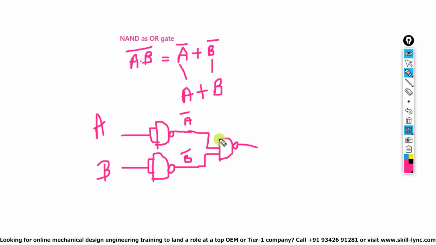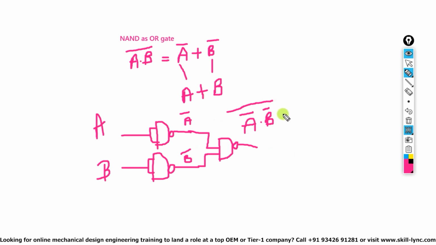NAND gate of these two is A bar into B bar, the whole bar, because NAND gate says first input into second input, the whole bar.